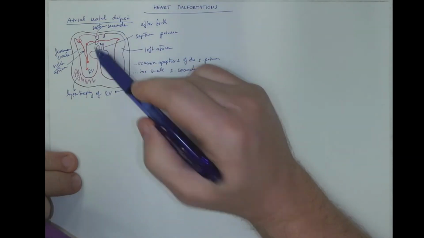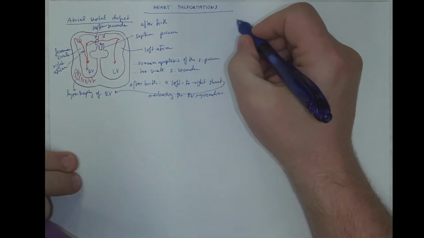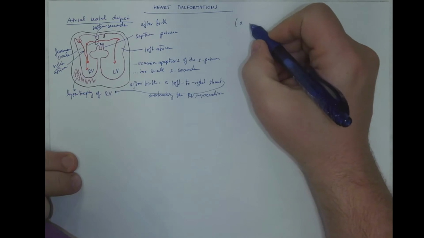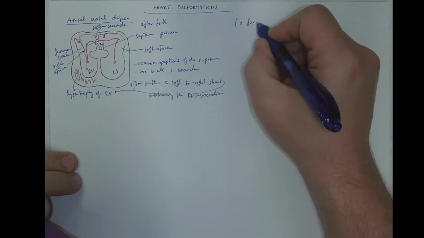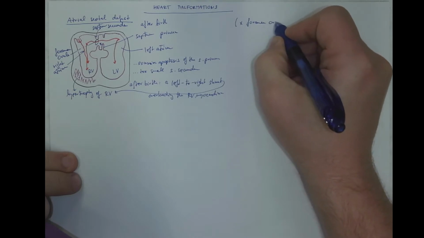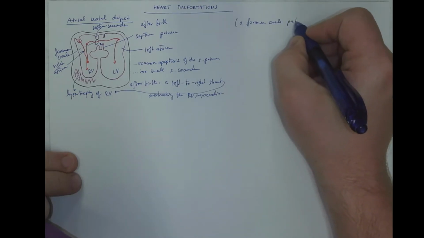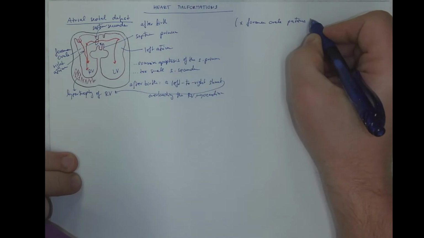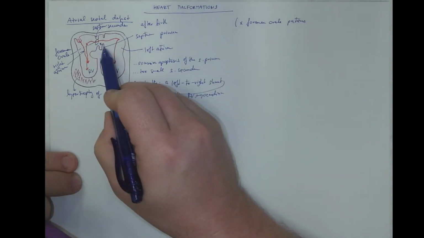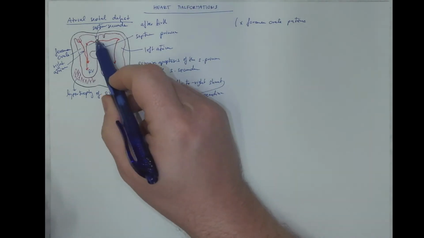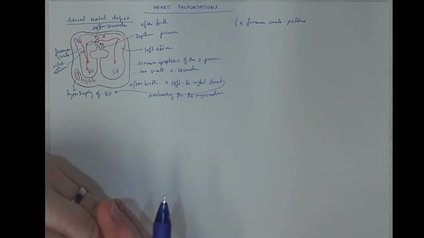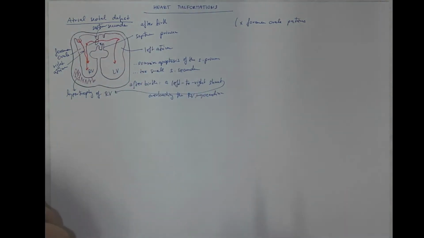This atrial septal defect should not be confused with a condition called foramen ovale patens. Normally, when the foramen ovale is closed by the septum primum, the septum secundum and the septum primum should fuse together. The pieces of tissue should fuse together.